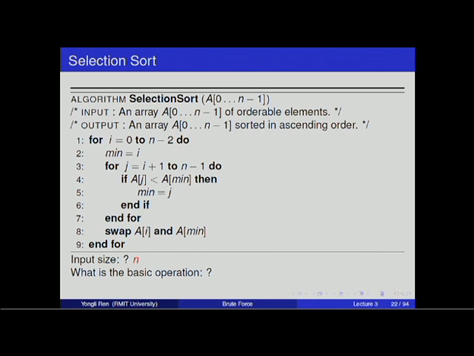I heard several answers. Can you answer and raise your hand and explain why you see that? Okay, so why do you see comparison? Can you be more specific? Because a basic operation means it takes more time. That's okay. But you get several operations.